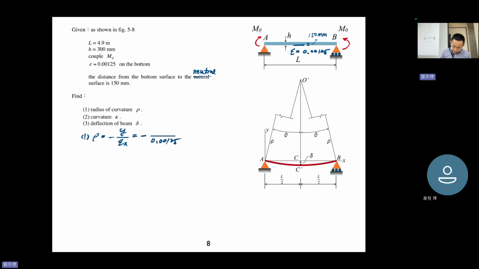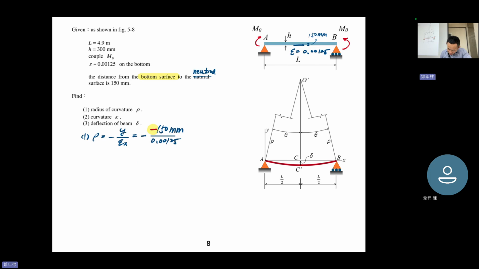And we need to be careful. The y here is the coordinate. Because it is the bottom surface, you need to give it a minus sign here. You need to be really careful about this.